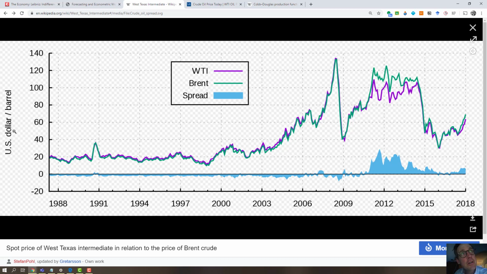The United States dollars per barrel has, for a 20-year period, been around about $20 a barrel. Then after the turn of the millennium, the year 2000, we saw the oil price increase all the way up to this event right here, which is 2008.